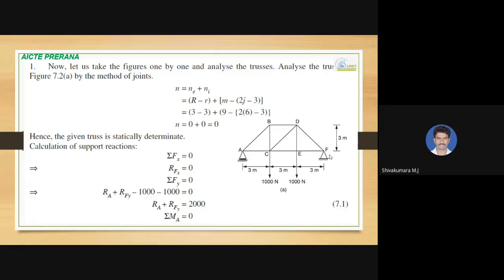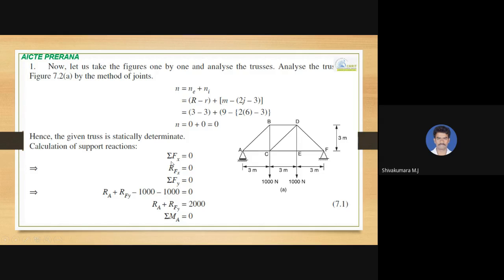If we take a resultant reaction at F, we can call it RF, and the vertical component of RF is RFY. That is the notation we are using.